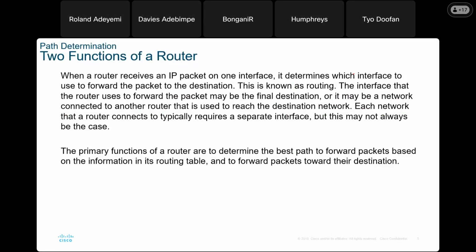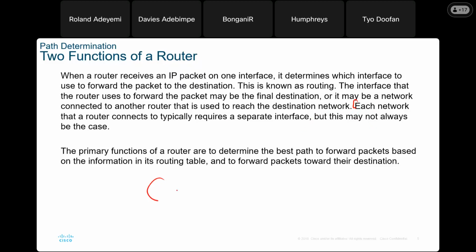Because if it's a different network somewhere in another city, then you need another router. Now take note of this. This is very important. Each network that a router connects to typically requires a separate interface. This may not always be the case.